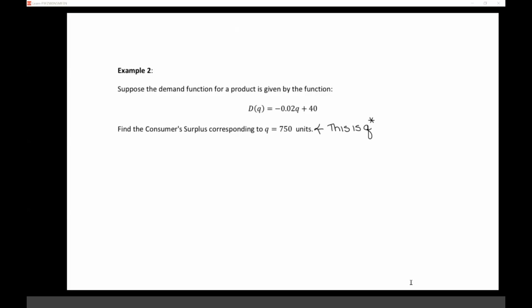Somebody explain in words. What do you do first here? Anybody have any thoughts? Think about what you need in order to use the consumer surplus formula.